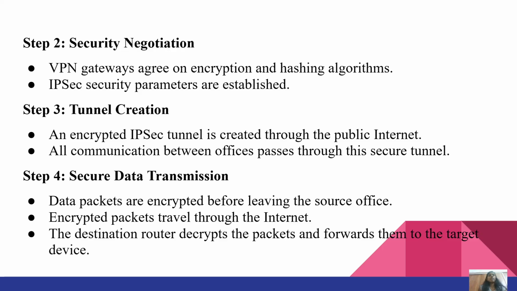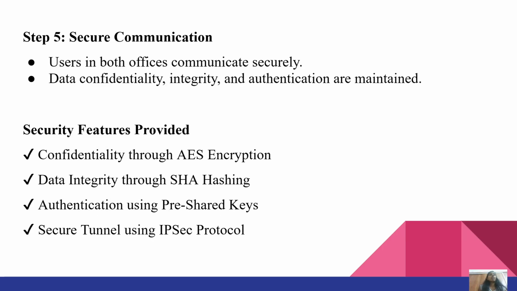Secure data transmission. Data packets are encrypted before leaving the source office. Encrypted packets travel through the internet. The destination router decrypts the packets and forwards them to the target device. Secure communication: users in both offices communicate securely.